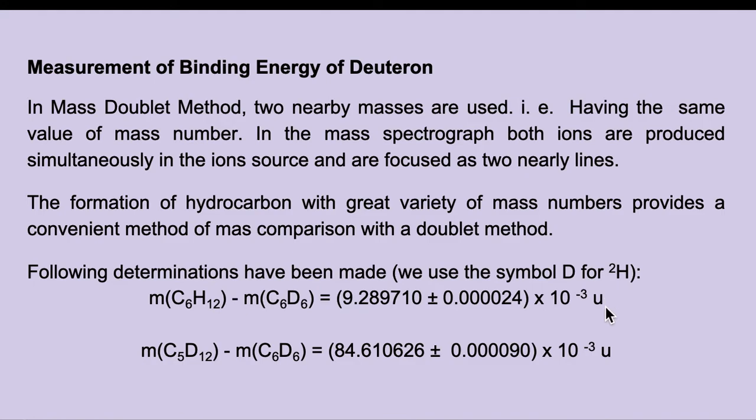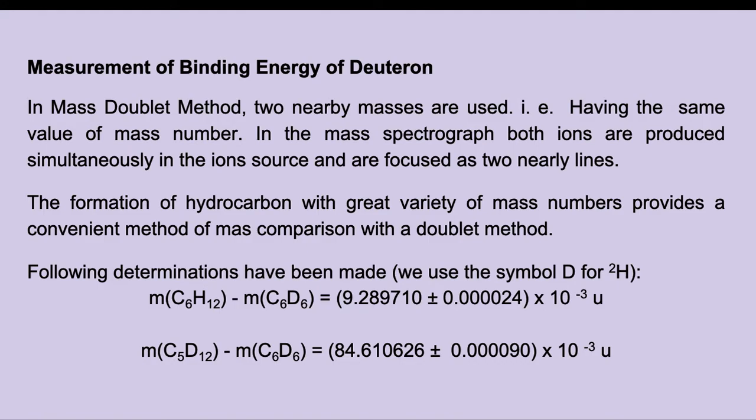As you know, this u is the unit for atomic masses or nuclear masses. And similarly, you are also using the term AMU, atomic mass unit. The difference between AMU and u is that AMU is the unit defined based on the mass of oxygen.